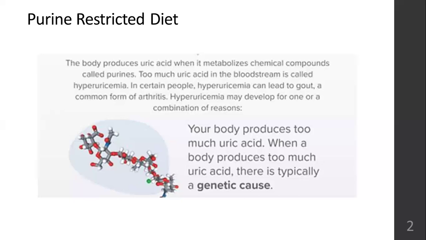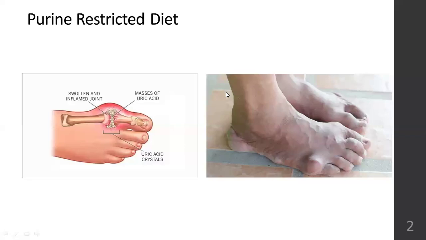It runs in your family that the body is producing a lot of uric acid. There are also foods that can trigger an increase in uric acid in your bloodstream. So you have to avoid those foods completely so that you get some relief from this disease.